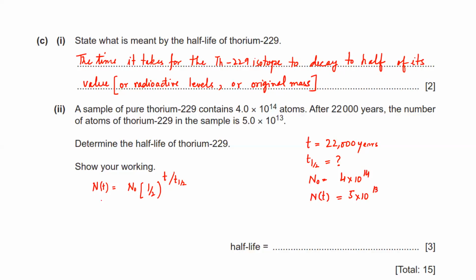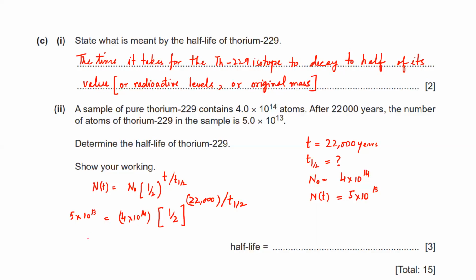So 5 into 10 to power 13 equals 4 into 10 to power 14 multiplied by half raised to the power 22,000 divided by t half.